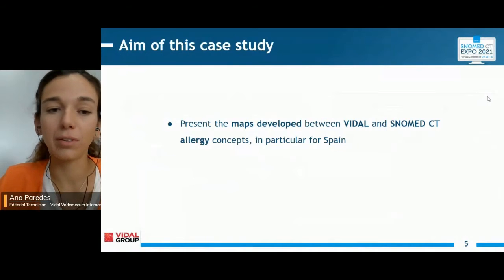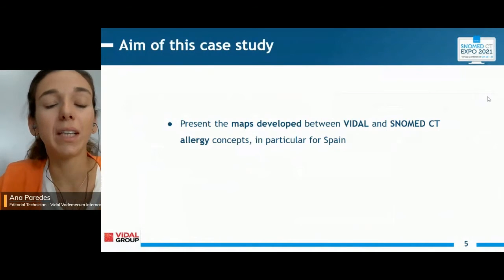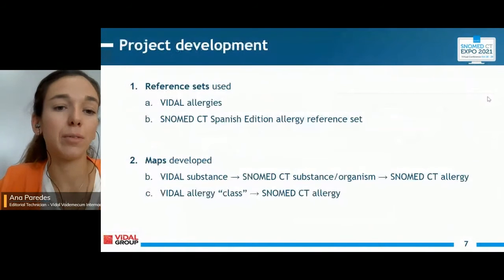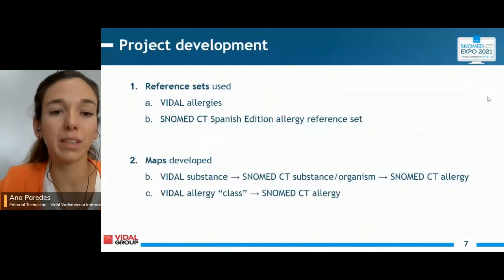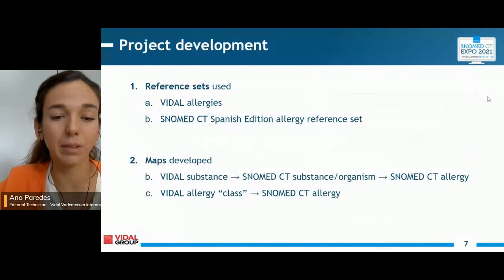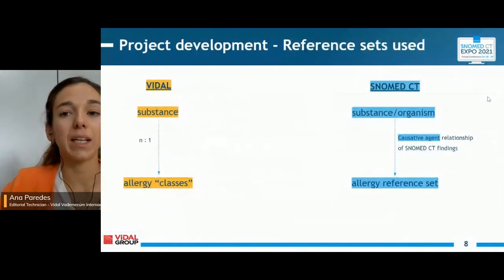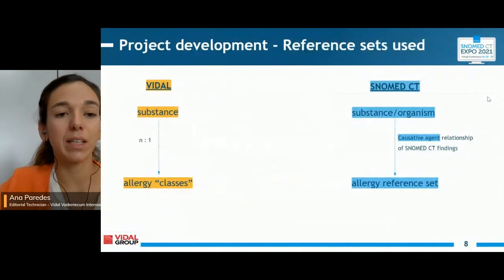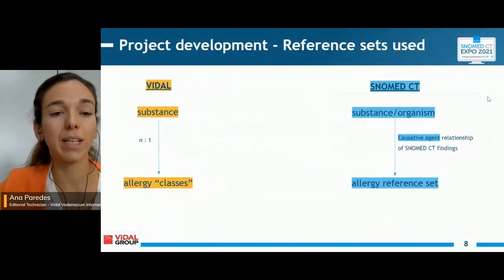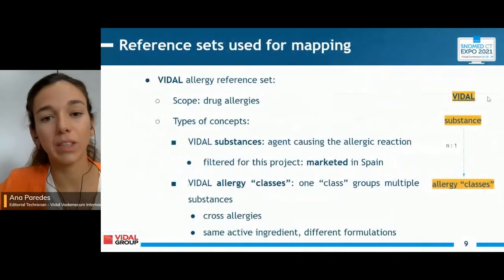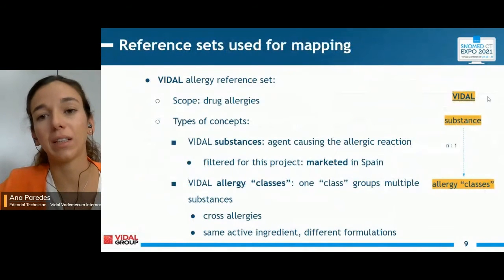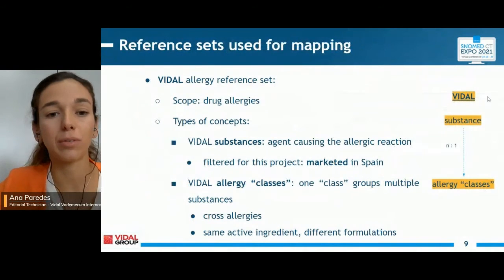So now moving on to the project development, I will first present the reference sets that we have used in this project, and then I will focus on the maps that we developed. In this slide, you can see on the left the representation of the Vidal allergy reference set, which consists of two types of concepts.